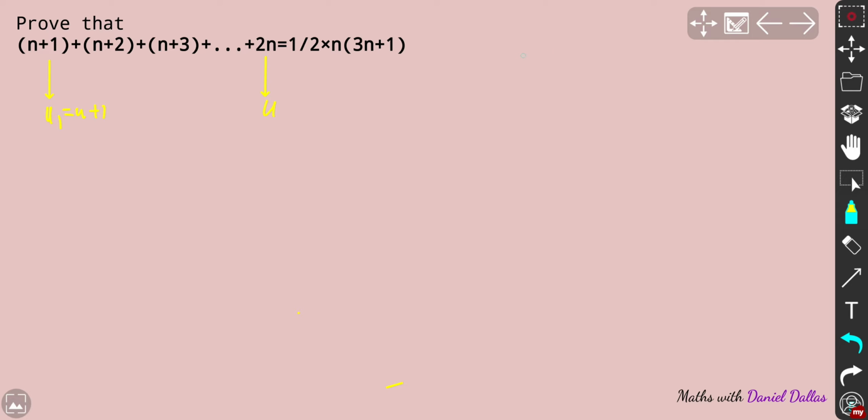Let's calculate. Because we know this is a series of arithmetic terms, we can simply use the fact that from 2n, the last term, we subtract the very first term, n plus 1. That's how we basically count how many terms are in the row.